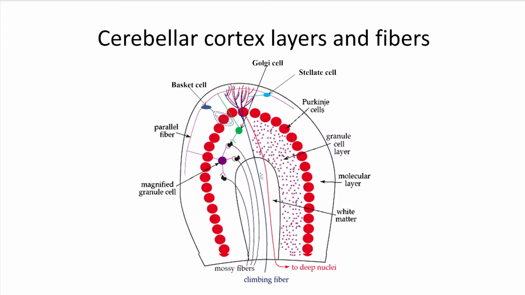And finally, output goes to deep nuclei. This is not the only option. So we see there are, in this scheme, multiple hundreds of mossy fibers needed to activate a single Purkinje cell. And there is another option for climbing fibers.